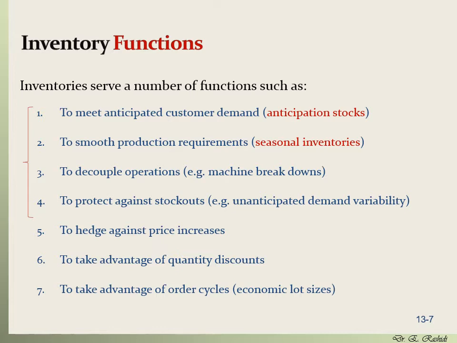Another function of inventory is to decouple operations in terms of machine breakdowns or any other types. Historically, manufacturing firms have used inventory as a buffer between successive operations to maintain continuity of operation and production that would otherwise be disrupted by events such as breakdown of a machine or equipment, accidents, or any other types of disruptions.